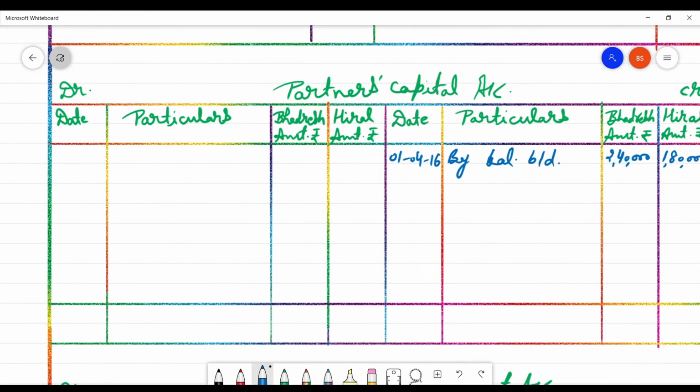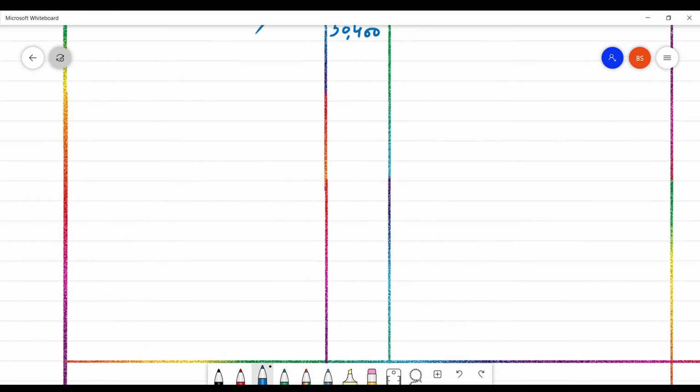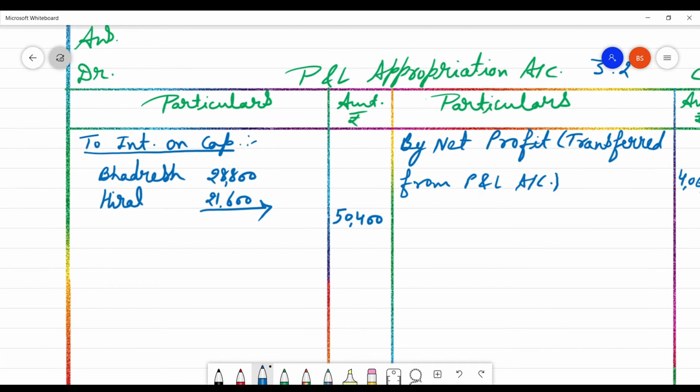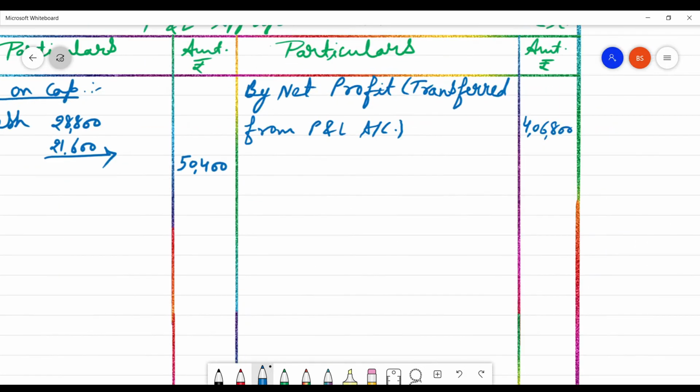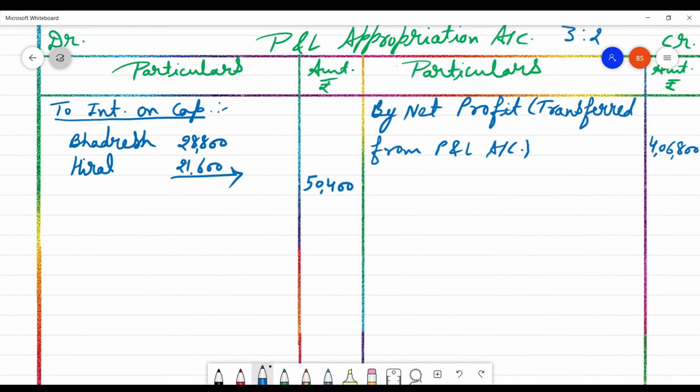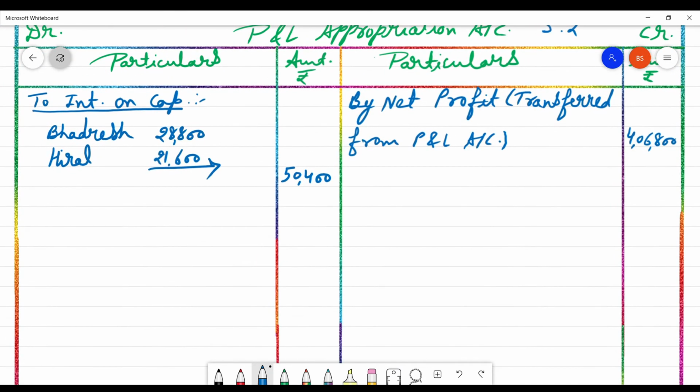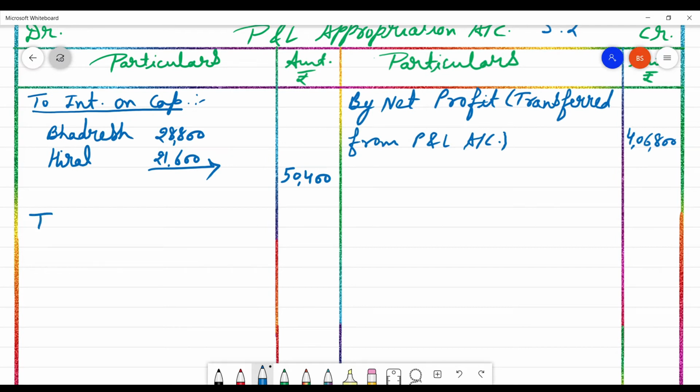So we will write P&L appropriation account, debit side, to interest on current account Bhadresh.